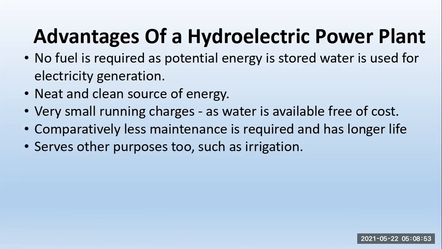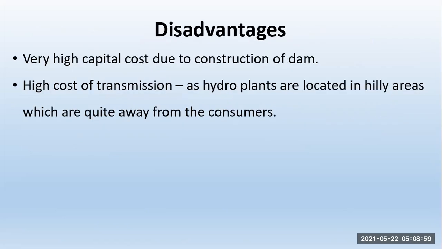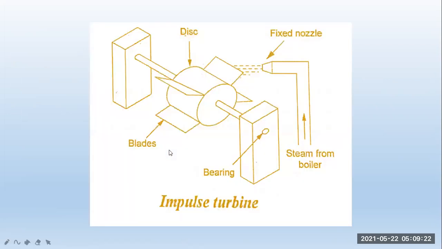It serves other purposes such as irrigation. Disadvantages of the hydroelectric power plant: very high capital cost due to construction of the dam, and high cost of transmission, as hydro plants are located in hilly areas which are quite far from the consumers.